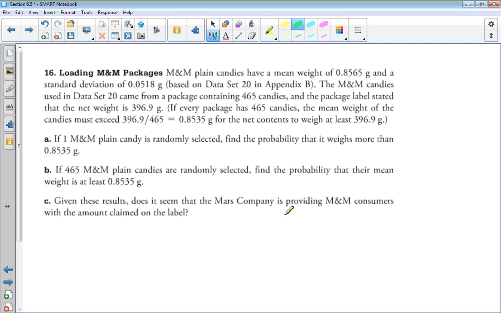If every package has 465 candies, the mean weight of the candies would exceed 396.9 divided by 465, which is 0.8535 grams for the net contents. So if one M&M candy is randomly selected, find the probability that it weighs more than 0.8535.